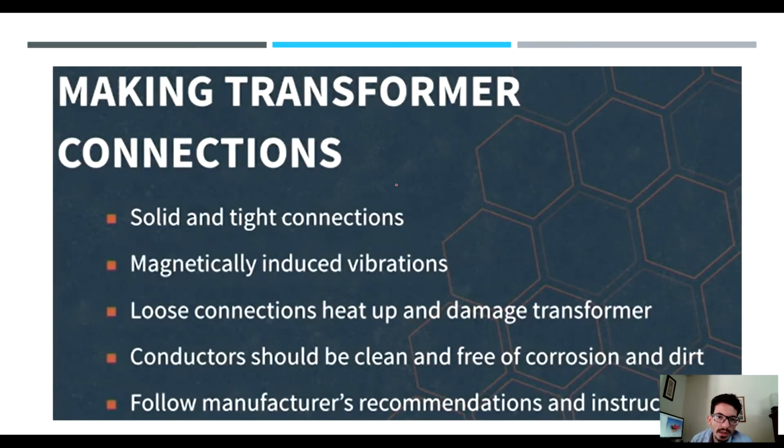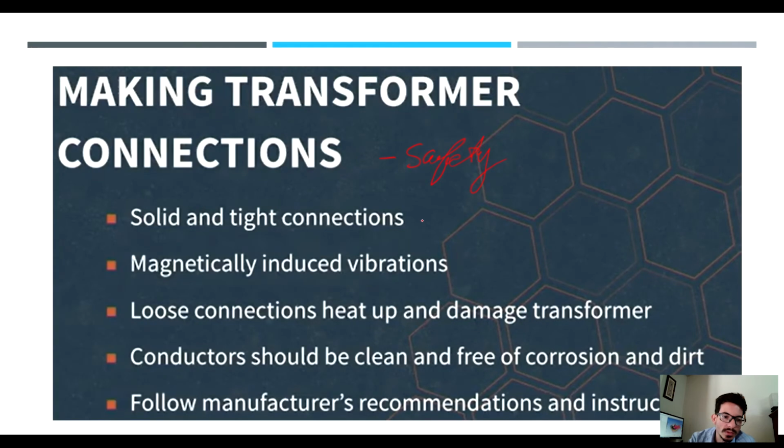Now the connections are pretty important. This is first of all for safety reasons, so make sure that you always have your connections correct, and also for performance issues, because if they're loose you don't get all the current that you need, therefore you have less efficient systems.